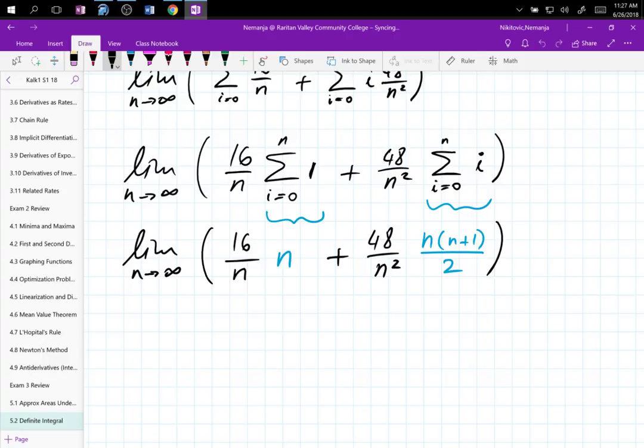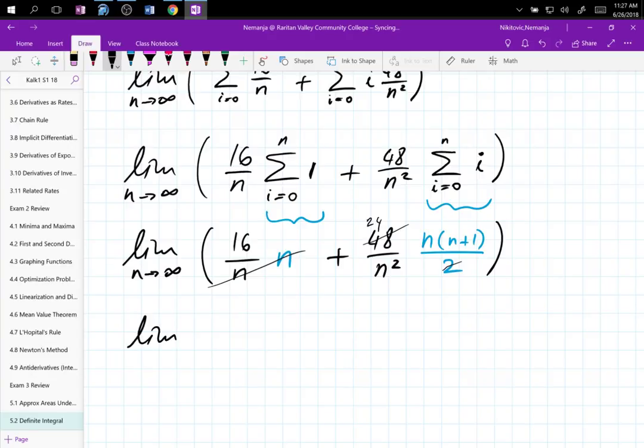So now, guys, you just have a basic limit from your Calc 1, chapter 2. I can cancel these n's. I can cancel 48 and 2 and put over here 24.